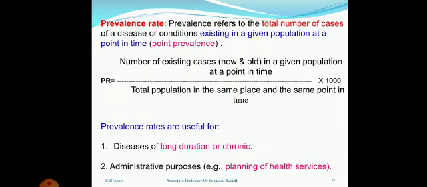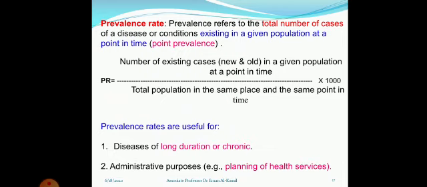If we want to estimate the prevalence of myocardial infarction for the year 2020, we start from the 1st of January 2020 and see how many individuals already have the disease, registered cases. Then we follow the people until the end of 2020 and see how many people have new cases of myocardial infarction.